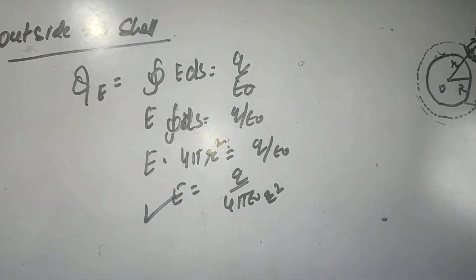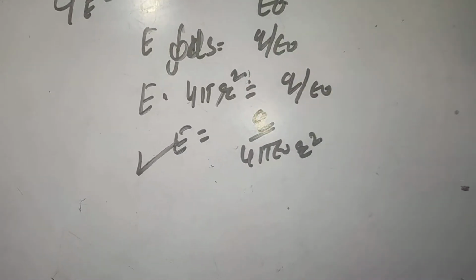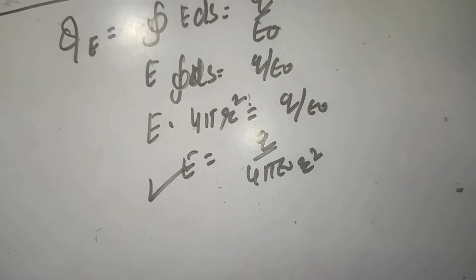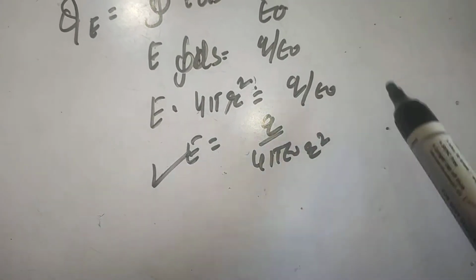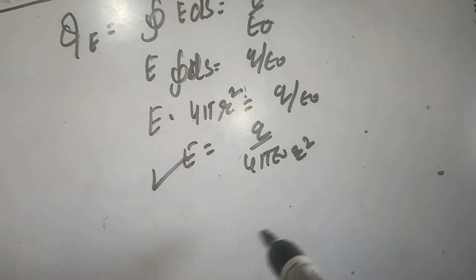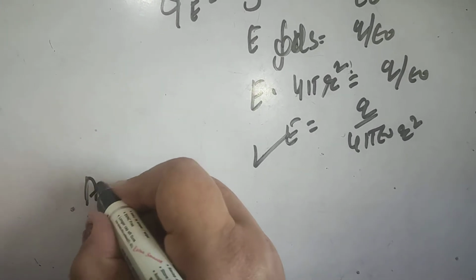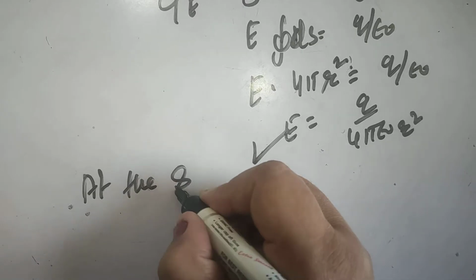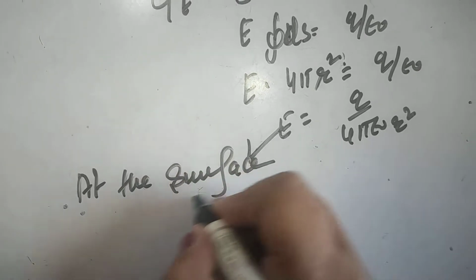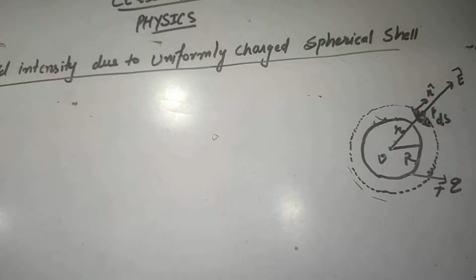Here you can see that the expression E is equal to Q upon 4 pi epsilon naught r square is similar to the field intensity for a point charge. Next case is to find the field intensity at the surface of the spherical shell.